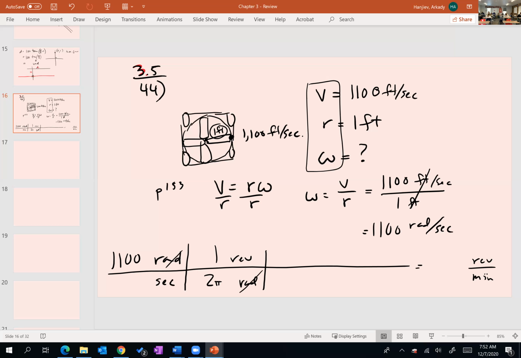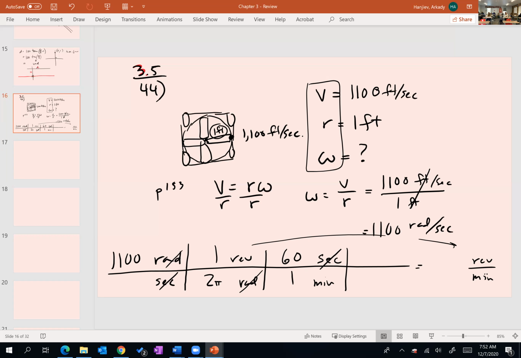So notice my dimension of revolution is what I want at the end, so I'm good there. Now I've got to deal with the seconds. Seconds have to be canceled, so they have to go on top because they're initially on the bottom. And I want to go to minutes, so 60 seconds in a minute. And notice I can cancel off the seconds units. Perfect, I think we're good.